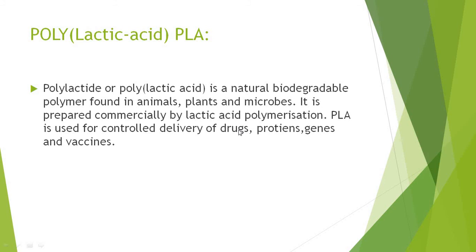Next we have PLA, polylactic acid. This is also a natural polymer which is found in animals, plants and microbes, and we are preparing it artificially by lactic acid polymerization process, and it is having use in the treatment of various diseases.